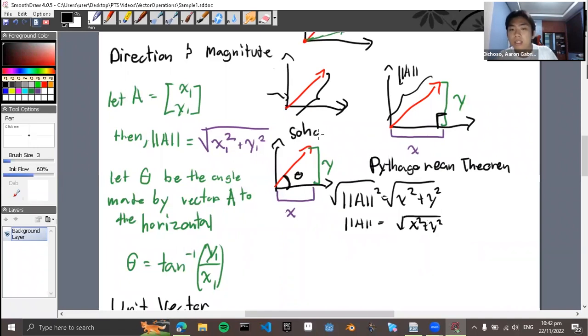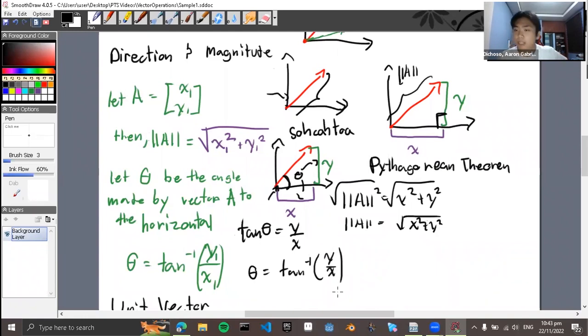Trigonometry, we have this SOH-CAH-TOA rule. And if you would remember, using that, we would get tangent theta is equals to opposite, yung opposite side niya, which is y, over adjacent, which is x. Therefore, theta is just equal to arctan y over x.